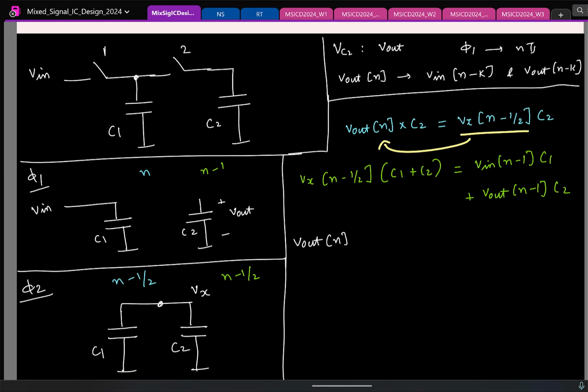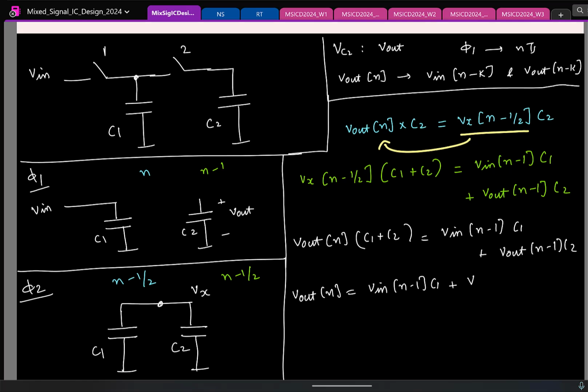So V out of n times, now it's all simple algebra, I'll just write it quickly because you can solve algebraic equations much better than me. So finally V out of n is V in of n minus 1 times C1 plus V out of n minus 1 times C2, all divided by C1 plus C2. This is the final thing.